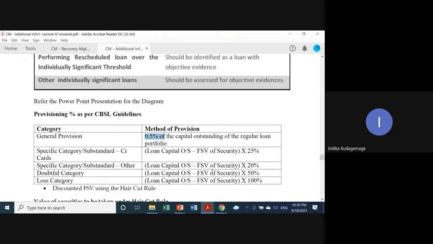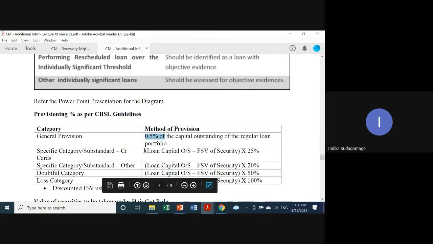That is the general provisioning for the entire performing portfolio and specially mentioned category. Then for the facilities above specially mentioned, that is substandard, doubtful, and loss.